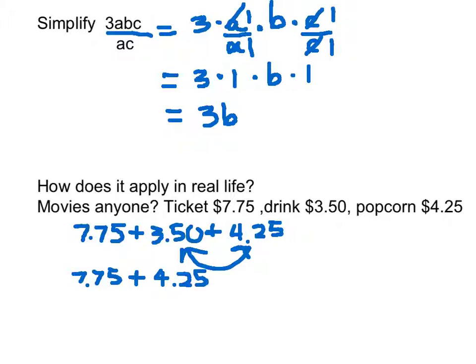Oh, that's a lot easier because you add the 7 and 4 and then another $1 for the 75 cents and the 25 cents. That would be $12. Plus $3.50 would make $15.50. Oh, that was a lot easier. And I didn't have to rack my brain trying to think of which combination goes better together. So yes, you can rearrange the way you add things to make it a lot easier.